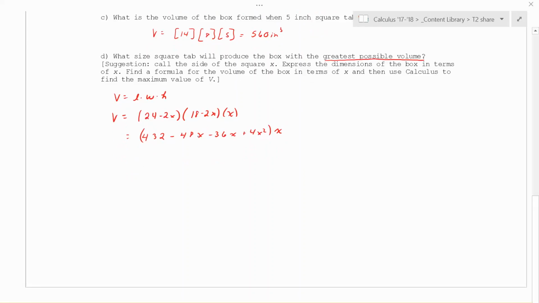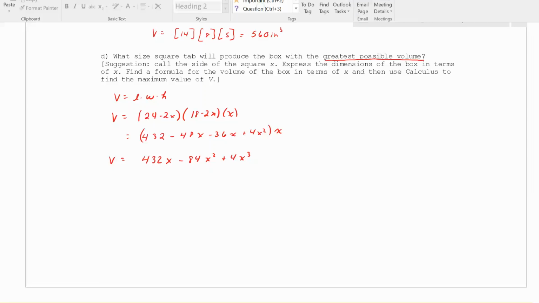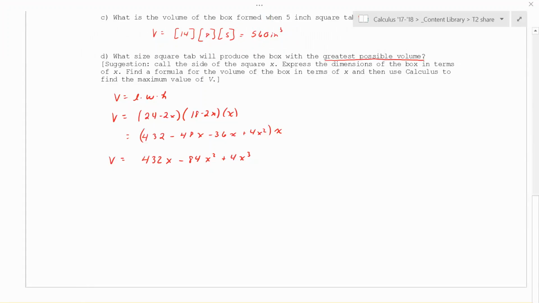So tidying that up, adding these two together and distributing in that x, I have my volume is equal to 432x minus 84x squared plus 4x cubed. So the next move, now that I've got a nice tidy equation, is to take the derivative.